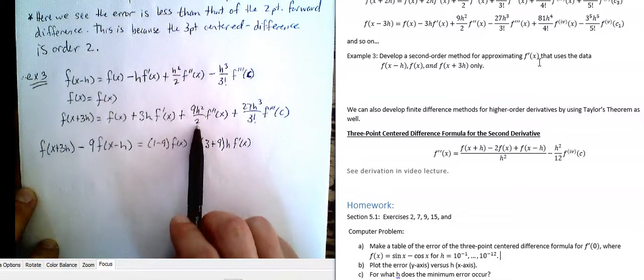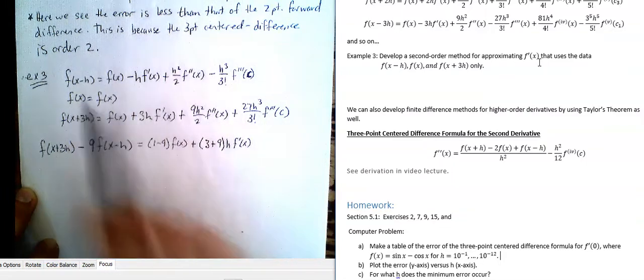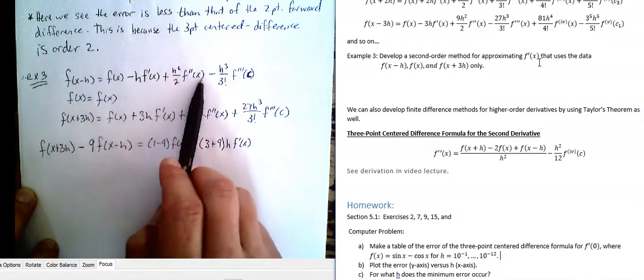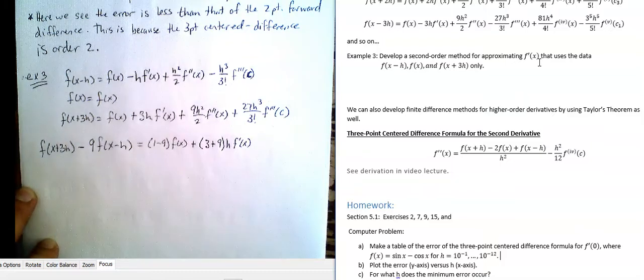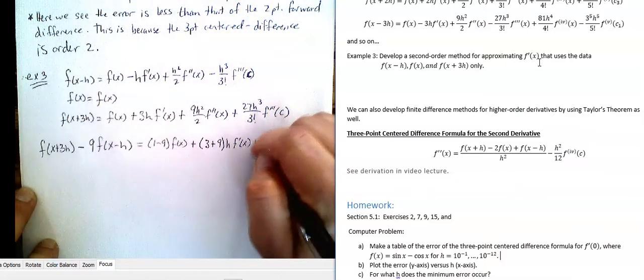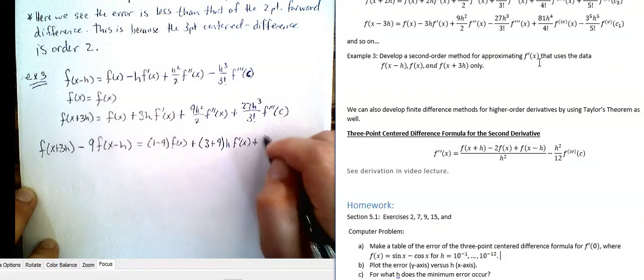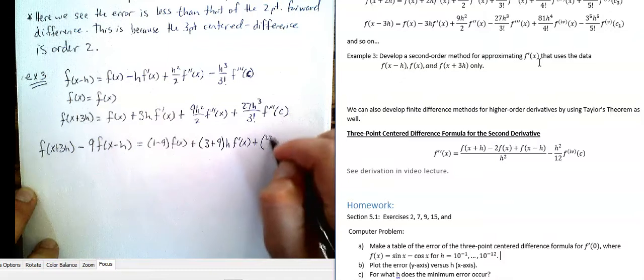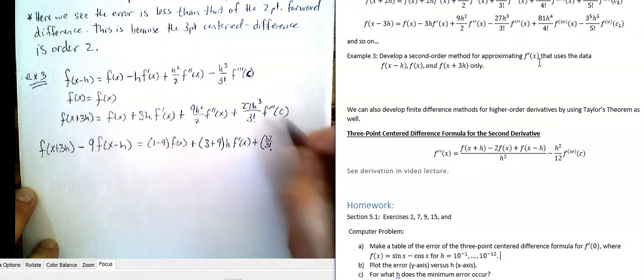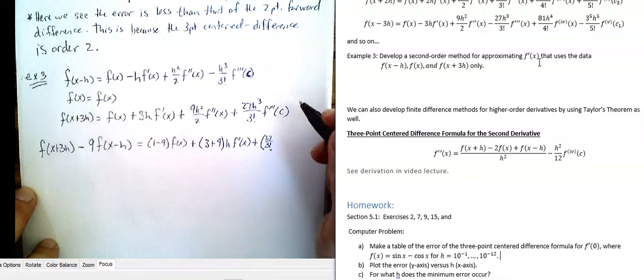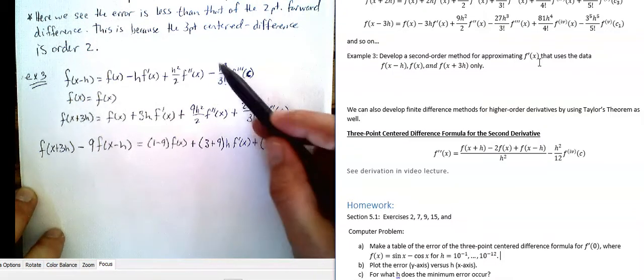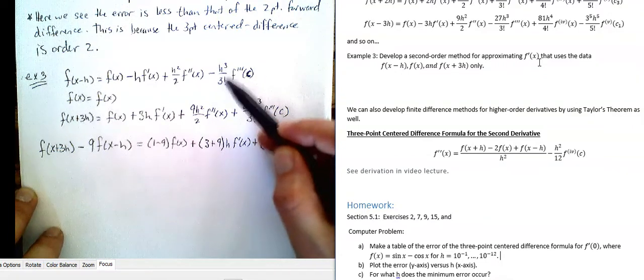Okay. 9h squared over 2 f double primes, take away 9h squared over 2 f double primes is 0. Those will cancel out. And then lastly, we have 27 over 3 factorial h cubed f triple primes minus negative 9h cubed over 3 factorial.